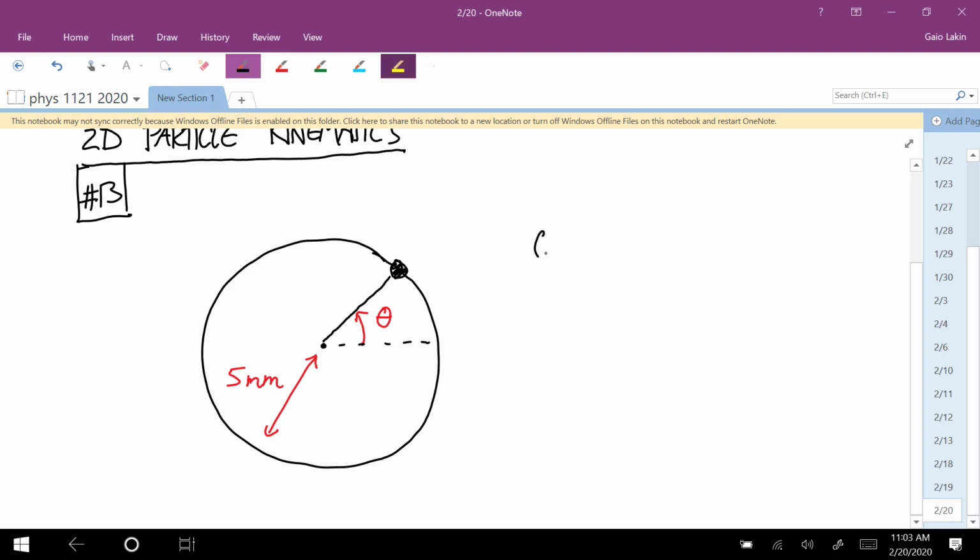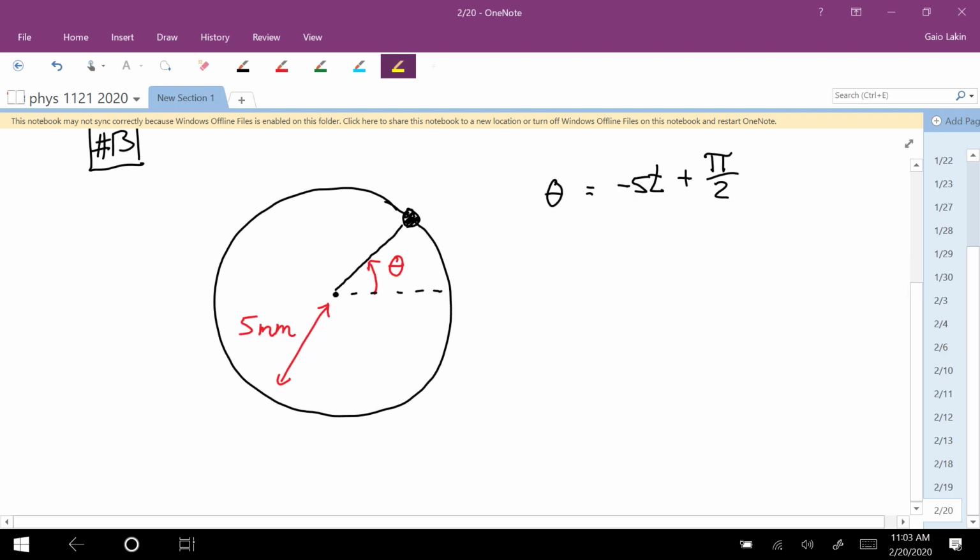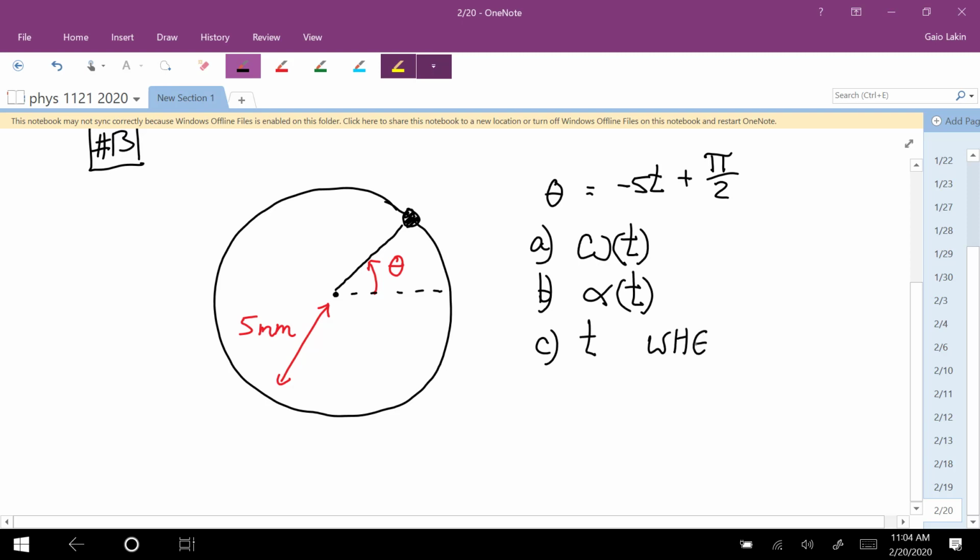The position in radians is negative 5t plus pi over 2. And we want to figure out first the angular velocity as a function of time, the angular acceleration as a function of time, and the value of time when theta is equal to negative pi over 2.